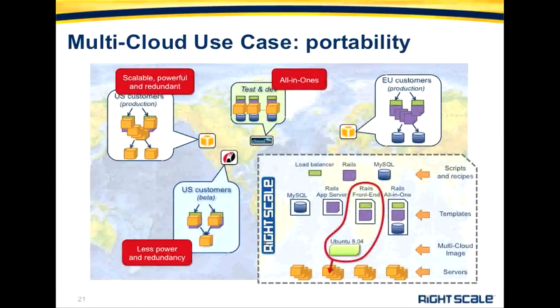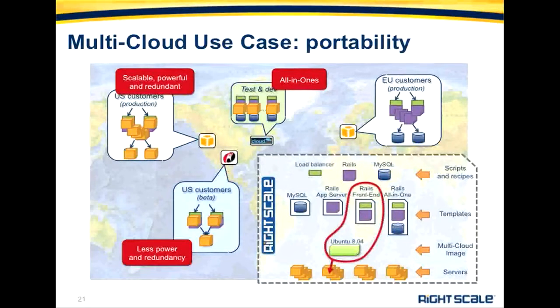So for example, for this scenario, you could have 4 templates that are just pieces of this. You can have a template that only has the MySQL, or a template that only has an app server, or a template that has an app server and a front end load balancer, or one that has everything. And that's what the developers will want to use, right? They want to launch 1 machine for this template that has everything. They don't need redundancy, they don't need master-slave backups.